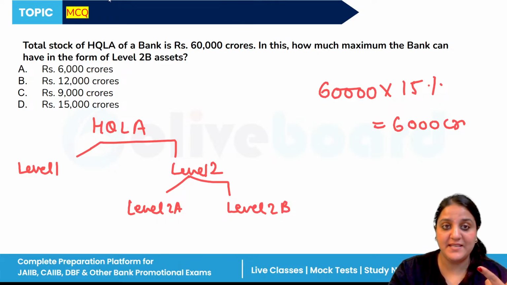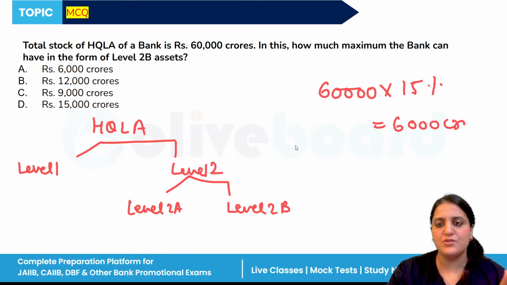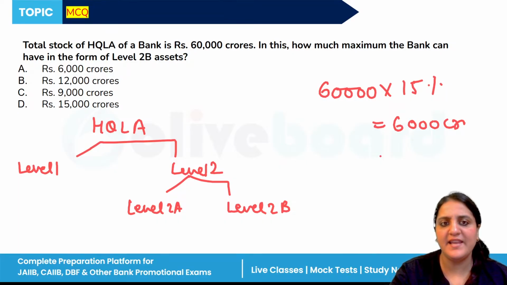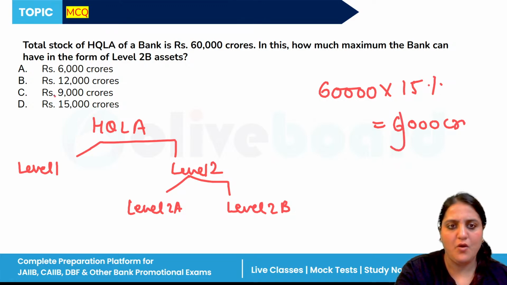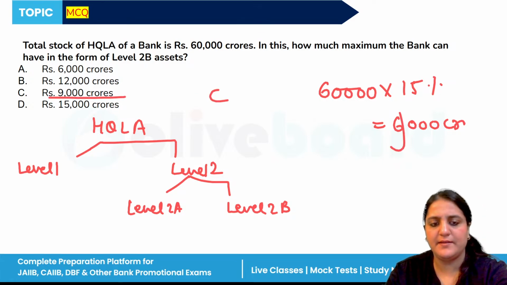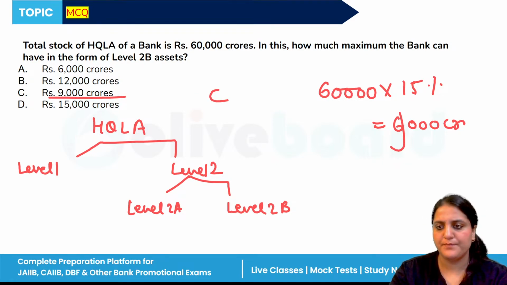So here the answer 15% of 60 crore is 9,000 crore. Option C is correct here.